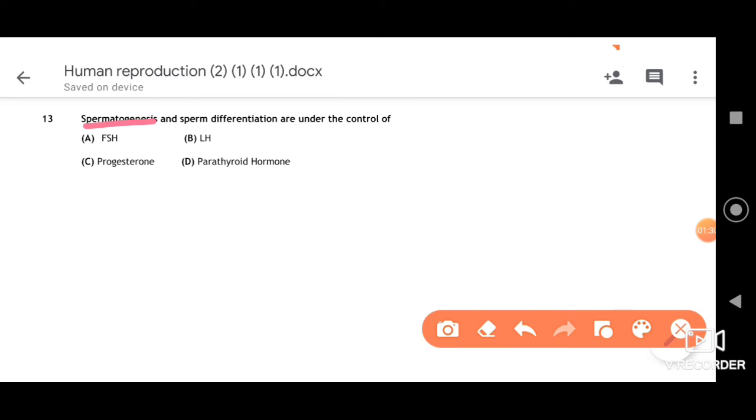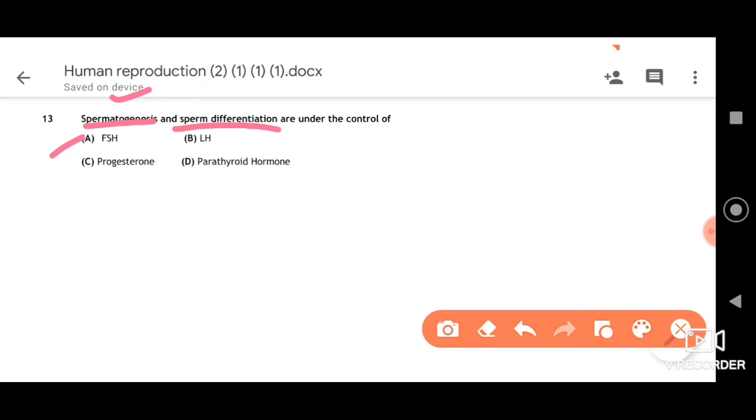Then the next question we have here is: spermatogenesis and sperm differentiation are under the control of what? Spermatogenesis, we are very clear, is the process of formation of sperms from the spermatogonia. And second, they have given sperm differentiation. So we need to identify which hormone controls them.